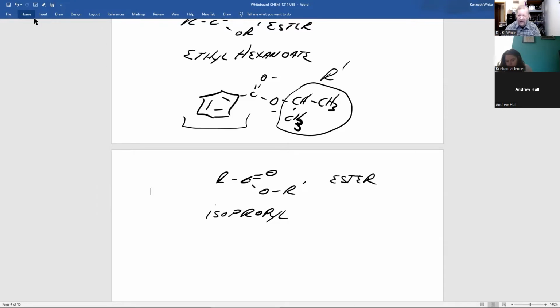Well, in that case, we have to use the IUPAC method. Think of R prime as a hydrogen. That would be benzoic acid. Drop the IC after benzo, the IC and the acid, and add ATE, and you get isopropyl benzoate. Dot my I there. And that's how you do it.